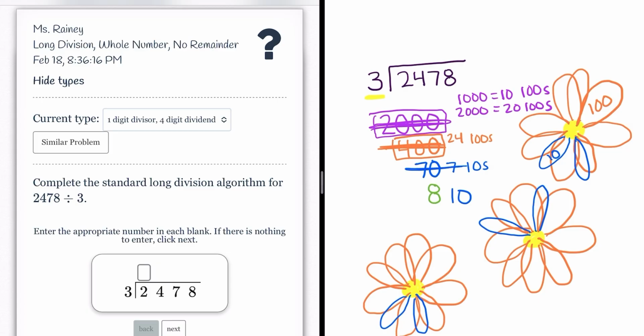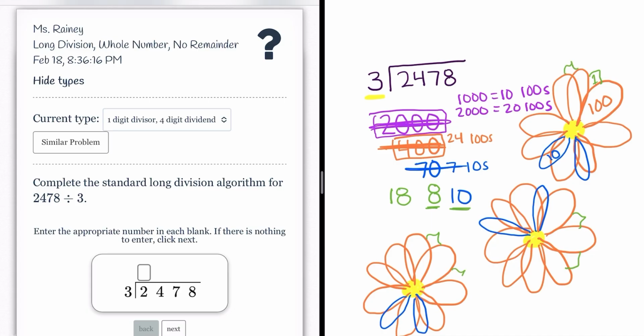So now between the 8 ones and my leftover 10 ones, I know I have 18 ones that I need to divide into my 3 groups. I'm going to make these leaves and write a little note to remember my leaves are my ones place.